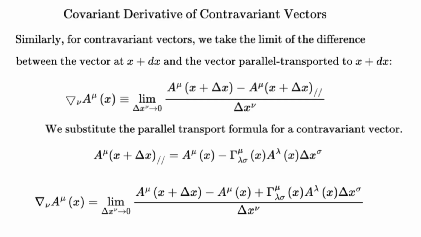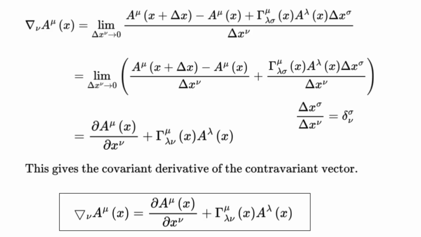We substitute the parallel transport formula for a contravariant vector. This gives the covariant derivative of the contravariant vector.